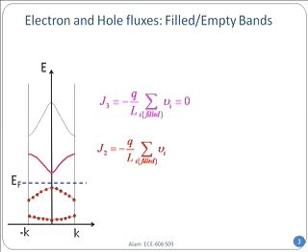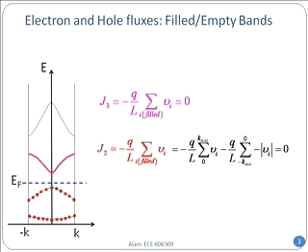But when I do, I quickly realize that I have an equal number of positively going electrons with plus k and negatively going electrons. Therefore, although each one of them is carrying current, the sum of them is 0.